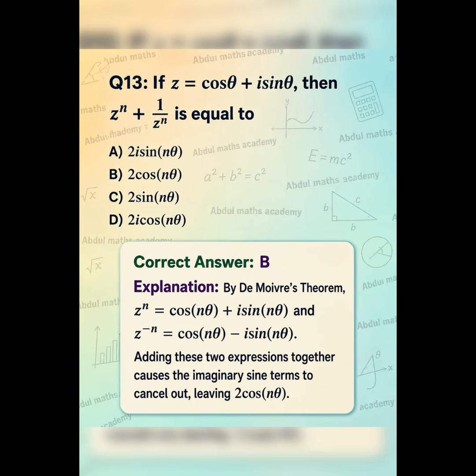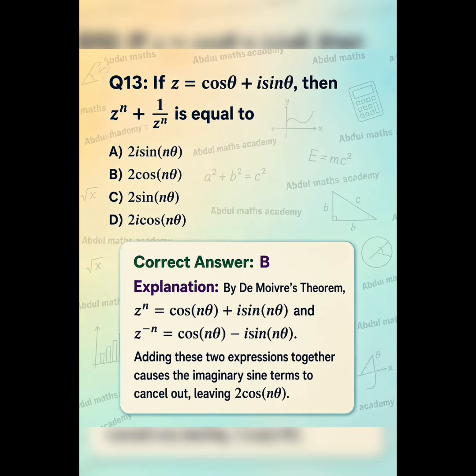The next MCQ: if z is equal to cos theta plus iota sin theta, then z power n plus 1 by z power n is. Here we use De Moivre's theorem: z power n is equal to cos n theta plus iota sin n theta, and 1 by z power n is equal to z power minus n, which is equal to cos of minus n theta plus iota sin of minus n theta.